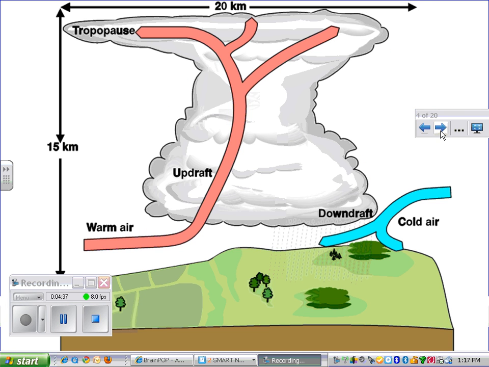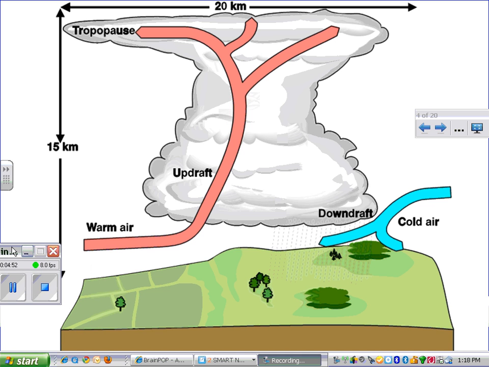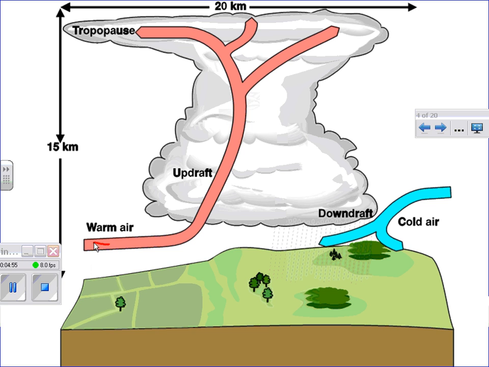What's happening with the nimbostratus clouds, you have warm air and you have cold air. As we were talking about air masses a few minutes ago, you can look at the different types of air masses here. We have a warm air mass meeting up with a colder air mass.